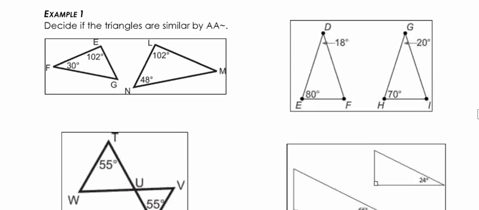So in this first example, we're being asked to decide whether the triangles are similar by angle-angle similarity. The question we are going to answer is whether they have two pairs of congruent angles.